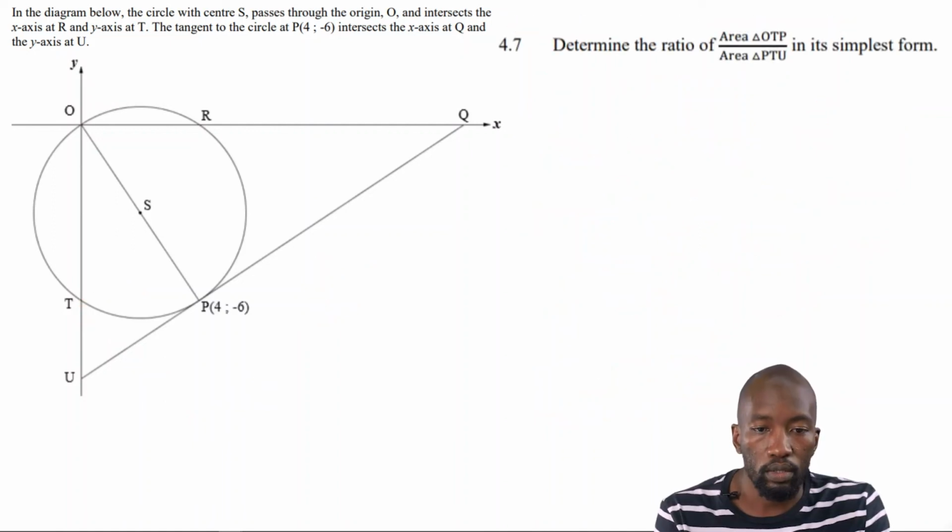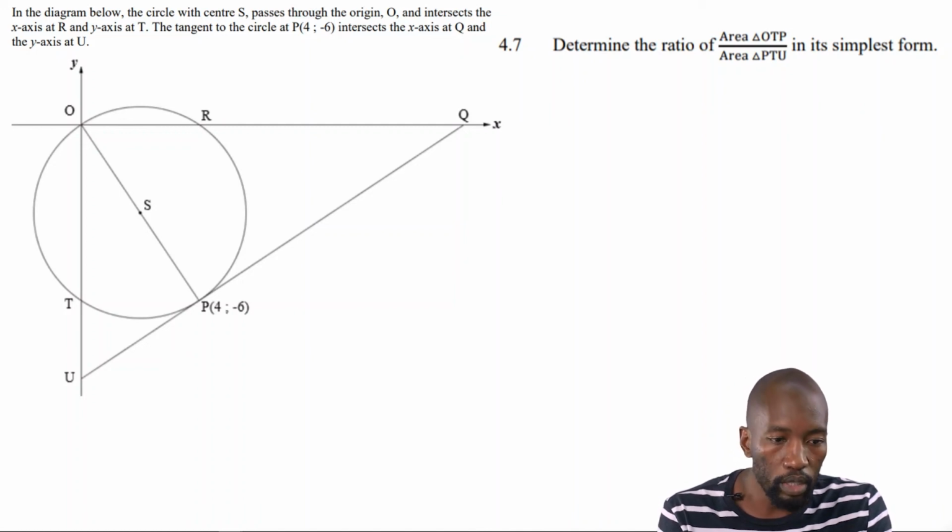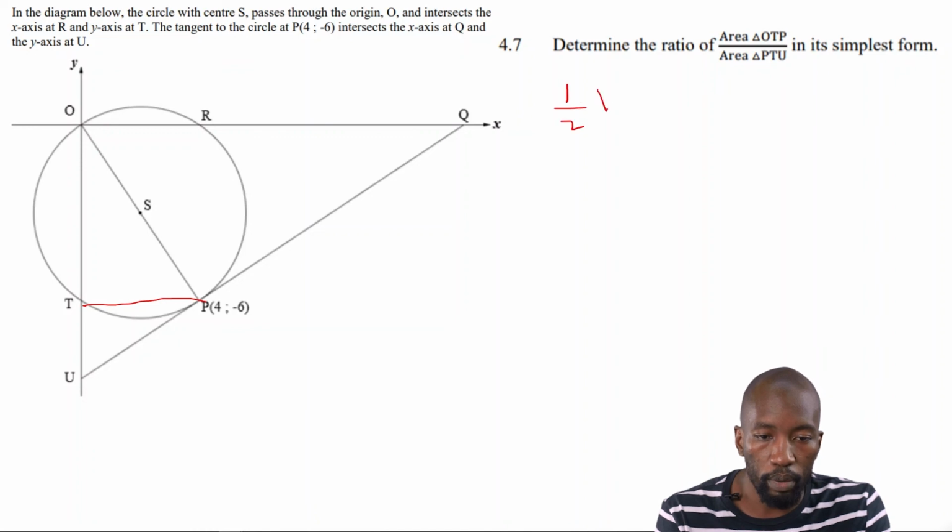Now it says determine the ratio of area of OTP over area PTU in its simplest form. Let's quickly do that. So OTP would then, I'm just going to introduce this line here. So OTP, we know that it will be half base times the height, right?